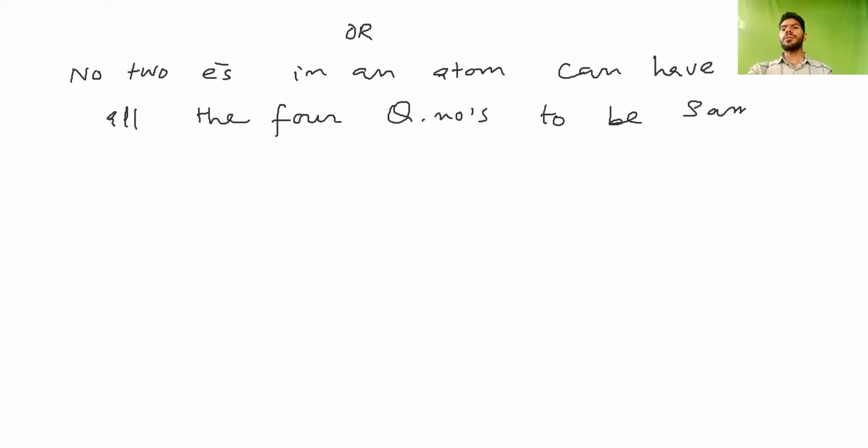That means 3 quantum numbers can be the same, but the 4th quantum number must be different. It cannot be the same.